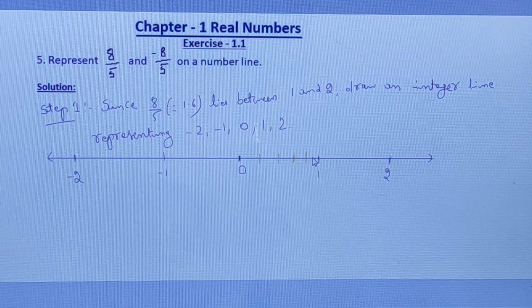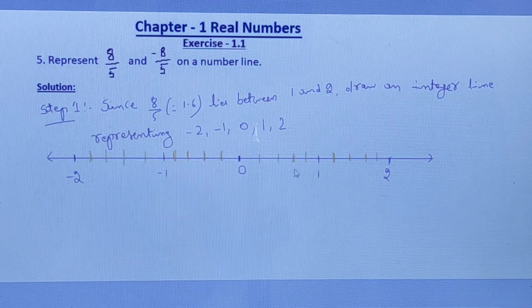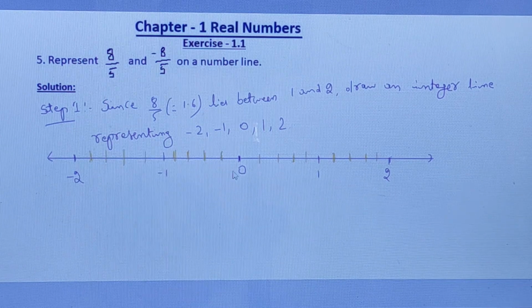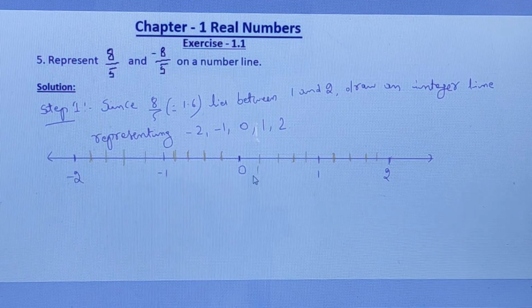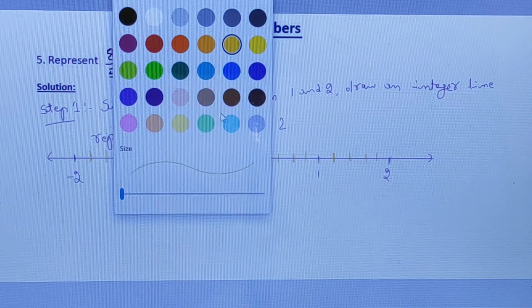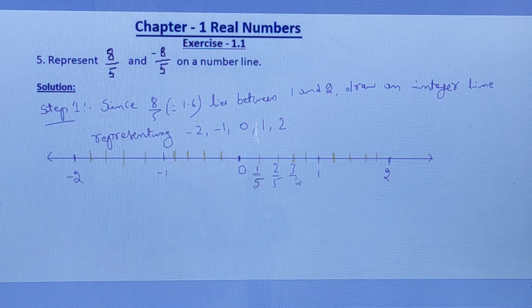1, 2, 3, 4, 5 parts, right? So we have divided each unit into 5 equal parts. So this will be 1 by 5, and this will be 2 by 5, this is 3 by 5, this is 4 by 5.